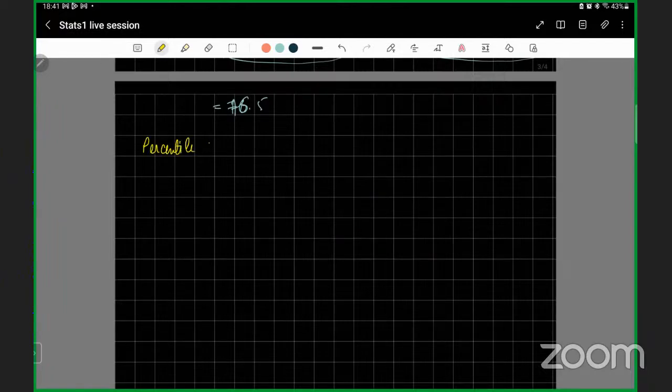So percentile is, like I'm saying, in the lecture we said 100p percentile. We have talked about 100p percentile. So what is meant by 100p percentile?